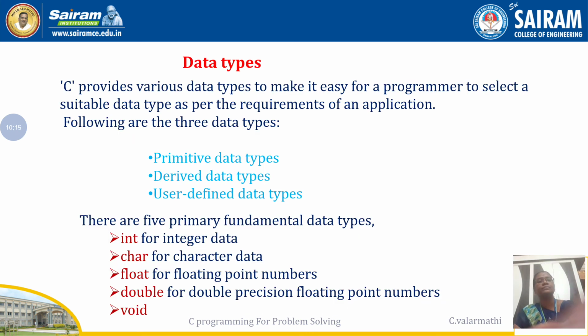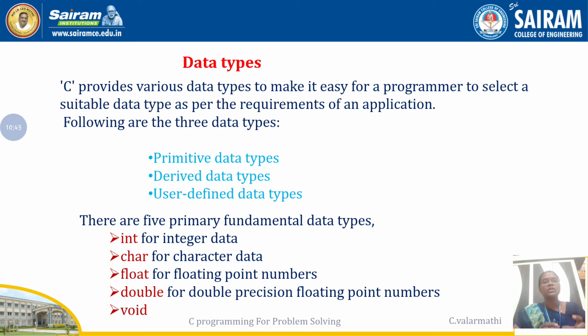Right. And then data types. Data types play a big role in your C programming. The main requirement of your C programming is the data type. We must know the importance of data types. Data type only tells the type of that value, the nature of that value.